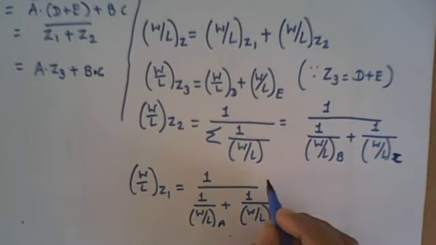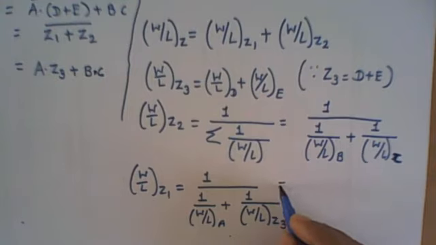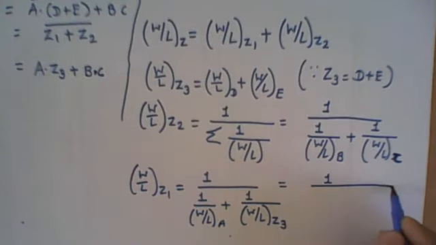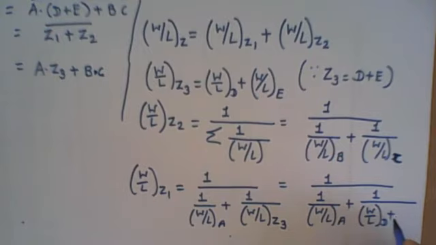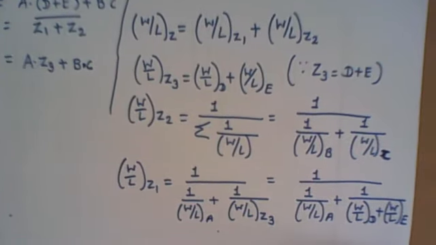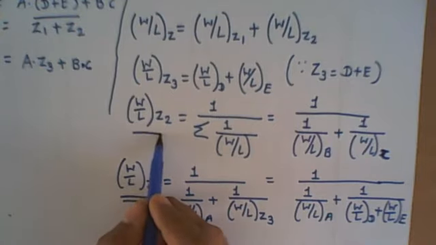Now substitute the value of Z3, which is the W upon L of D plus the W upon L of E. So 1 upon the summation of 1 upon W upon L of A plus 1 upon the summation of W upon L of D plus W upon L of E. This is the W upon L of Z1 and this is the W upon L of Z2.